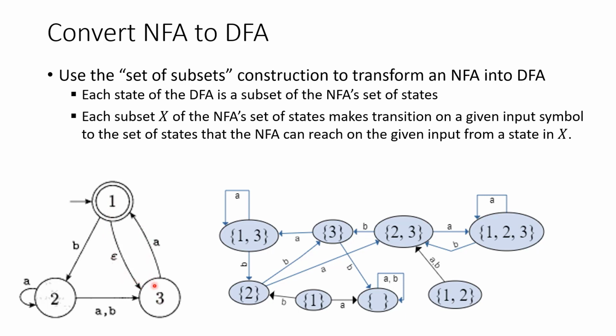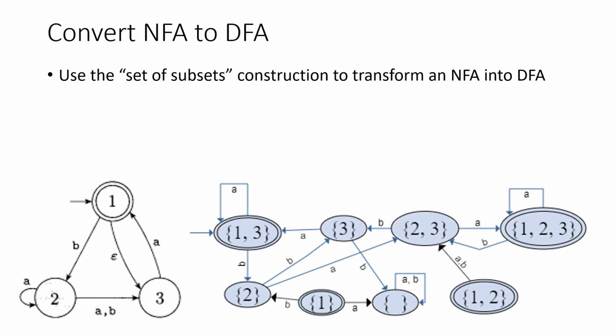So then you can go from 3 to 1 and then back to 3, just on the input symbol A. Therefore, from the subset consisting of just 3 and on the input symbol A, it will go to the subset consisting of the states 1 and 3 of the NFA. So this example explains the case of the epsilon arrow here.